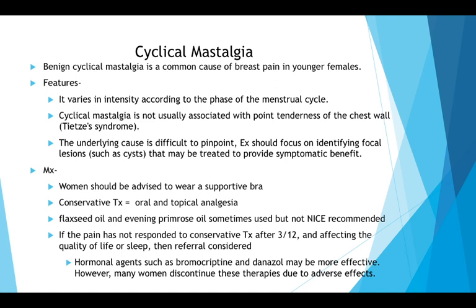And within this, they may use hormonal treatments like bromocriptine or danazole. Danazole being a GnRH agonist, and bromocriptine related to dopamine, and these can be more effective, but they do have side effects.